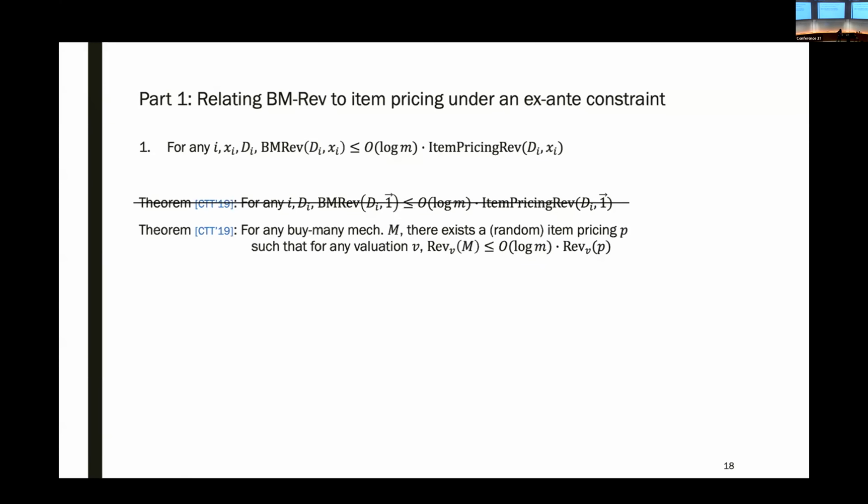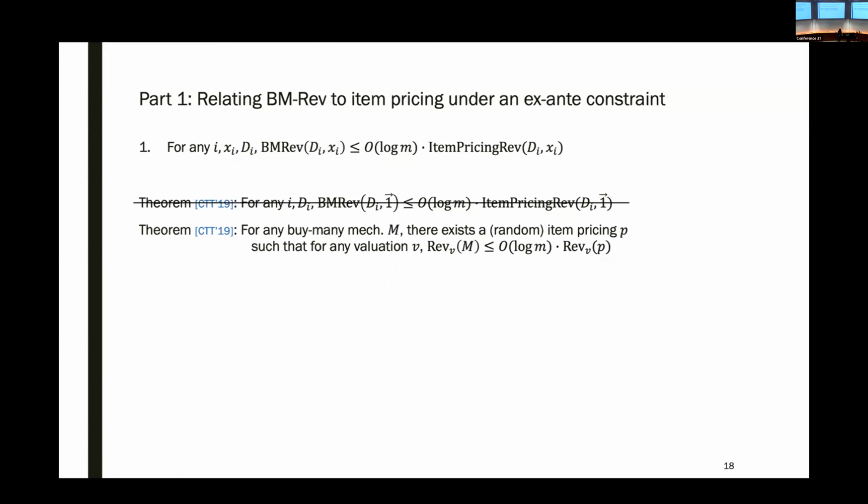This is just a rephrasing of this result. It says that for any by many mechanism M, I can come up with a random item pricing such that for any fixed valuation, the expected revenue of this item pricing is within a log M factor of the revenue of the mechanism.